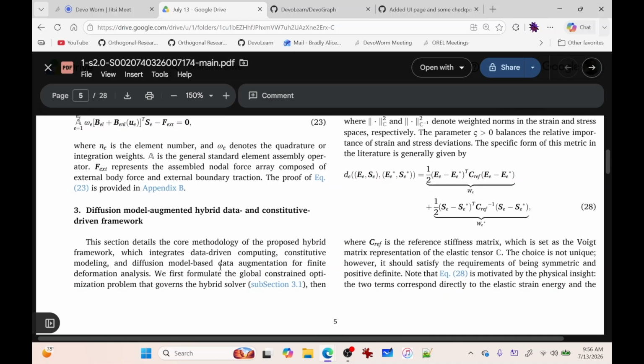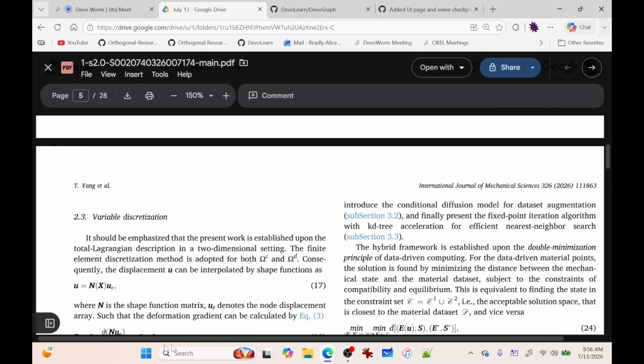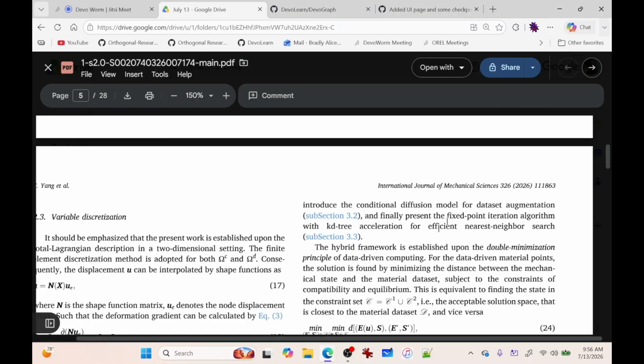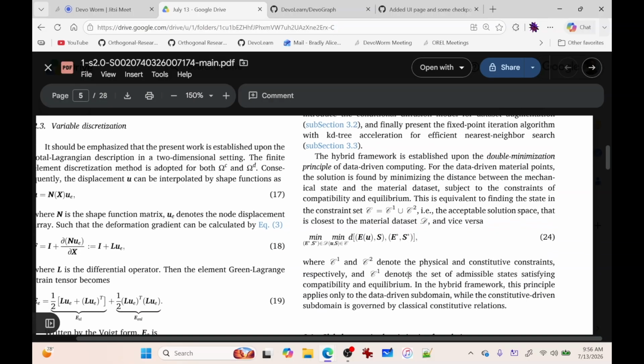Okay, then they talk about the diffusion model, which is, of course, this constitutive-driven framework. So they're using a conditional diffusion model for dataset augmentation and a fixed point iteration algorithm with KD tree acceleration for efficient nearest neighbor search. They talk about the hybrid framework, which is established upon the double minimization principle of data-driven computing.